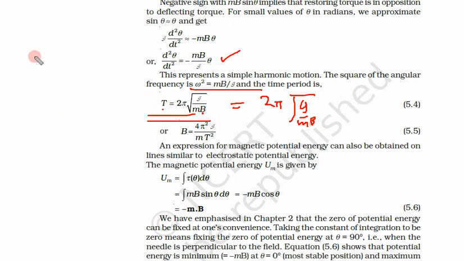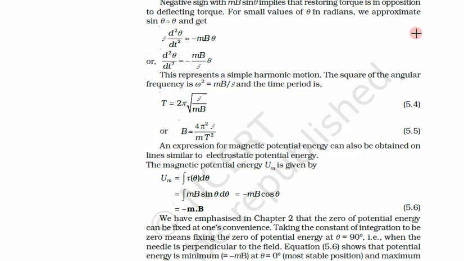So we can see that T is proportional to 1 by under root B. If the magnetic field is large, time period will be small. If the magnetic field is small, time period would be large.